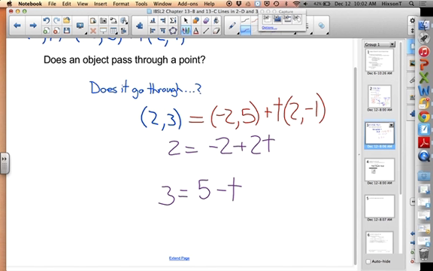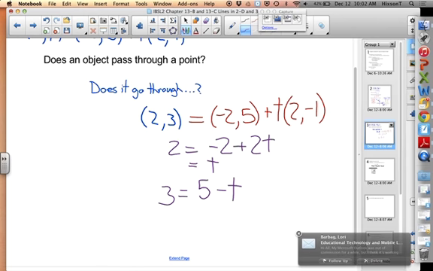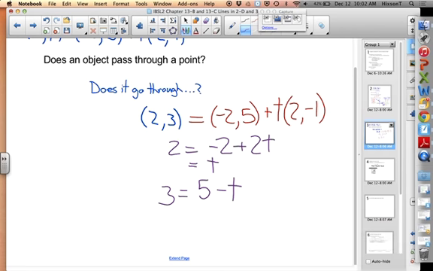So, when you solve this, what do you get for your time? Add 2, divide by 2, and we get t equals 2. What do we get on the y equation? 3 equals 5 minus 2.